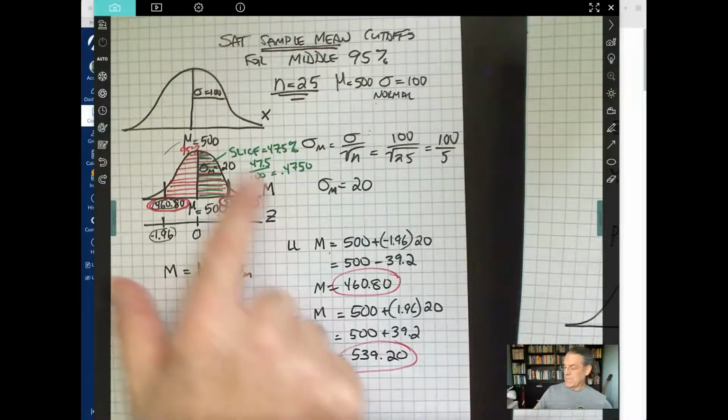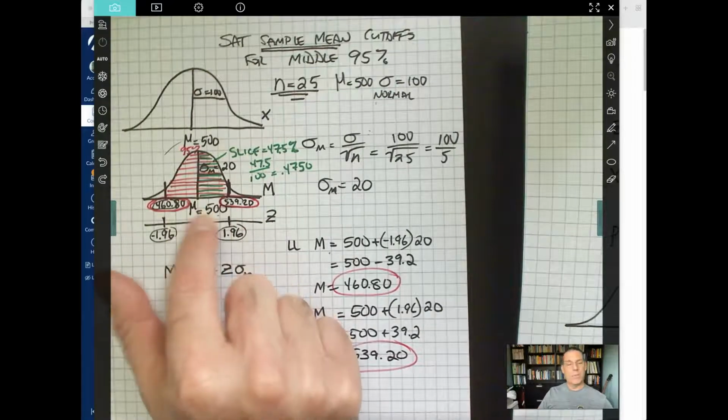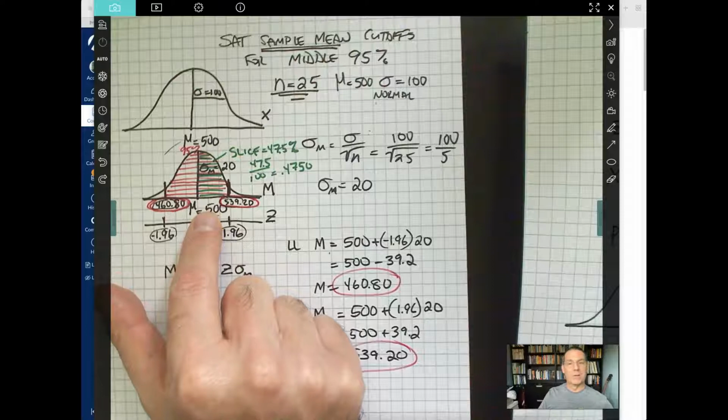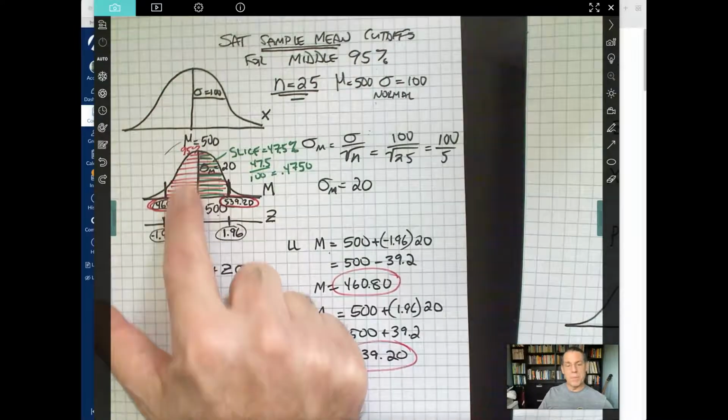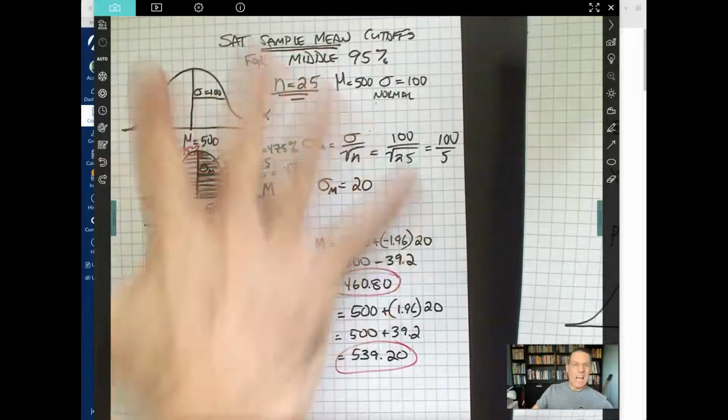That means, is the group going to score outside of this typical 95% range of sample means? If we get a sample mean above 539.2, that might be a group that got this training, and the training might be the reason they're scoring so high. That's where we're heading.